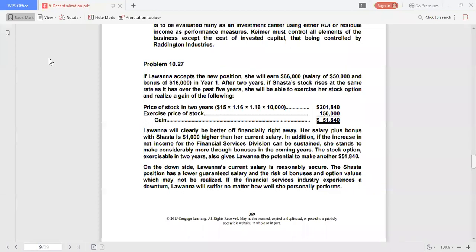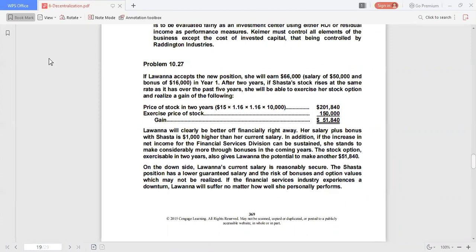After 2 years, if Shasta's stock rises at the same rate as it has over the 5 years, she'll be able to exercise her stock option and realize a gain on the following: price of the stock in 2 years, 15 times 1.16 times 1.16 times 10,000.